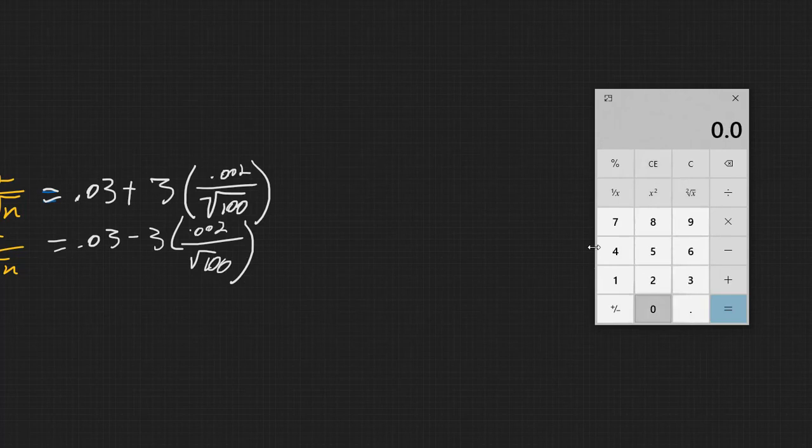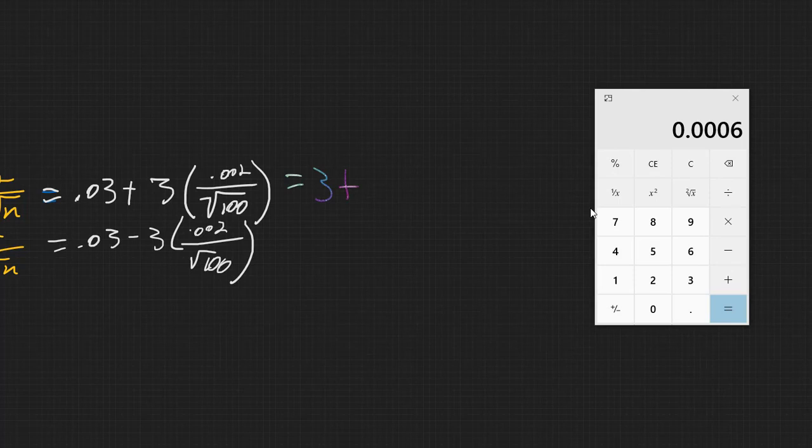We're going to take 0.002 divided by 10, which is not 0.1; 0.002 divided by 10 equals 0.0002. Times 3 equals 0.0006.